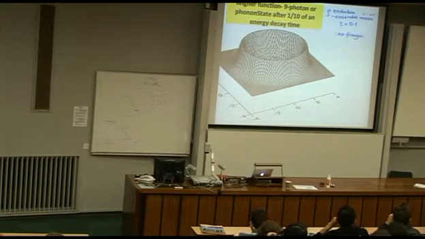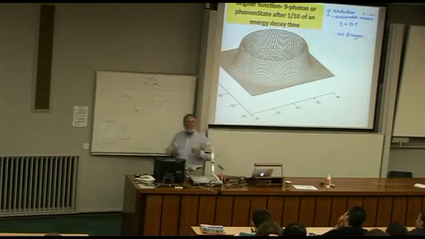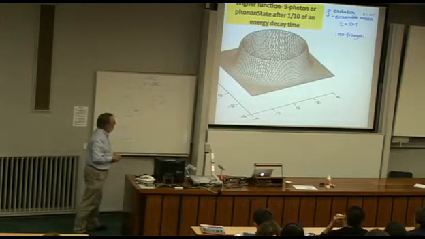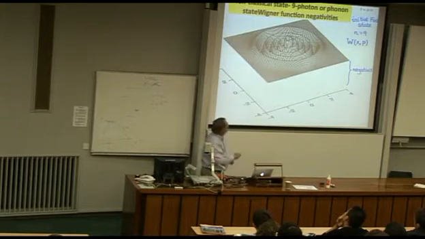Now, one way of seeing this is that you could actually make that Fock state out of superpositions of coherent states on a ring, something I played with quite a long time ago. You put coherent states out there on a ring.